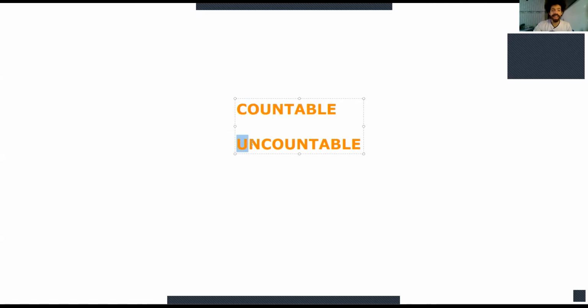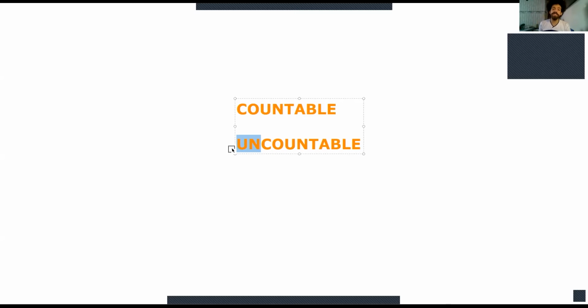If something is countable, it means you can count. If something is uncountable, it means you cannot count things. We have this concept in Portuguese too. We actually have this concept in every language because, of course, there are objects, there are products that are impossible to count because they are small, they are of a substance that doesn't separate so easily as we think it should.